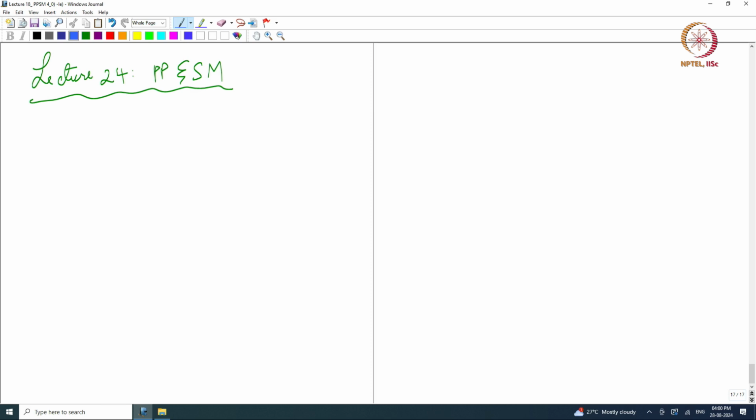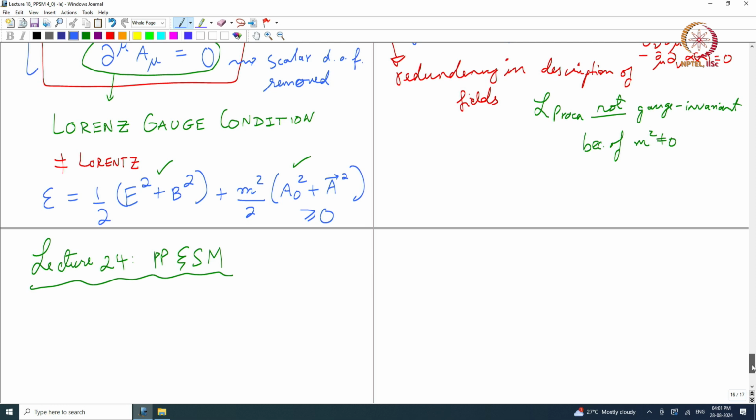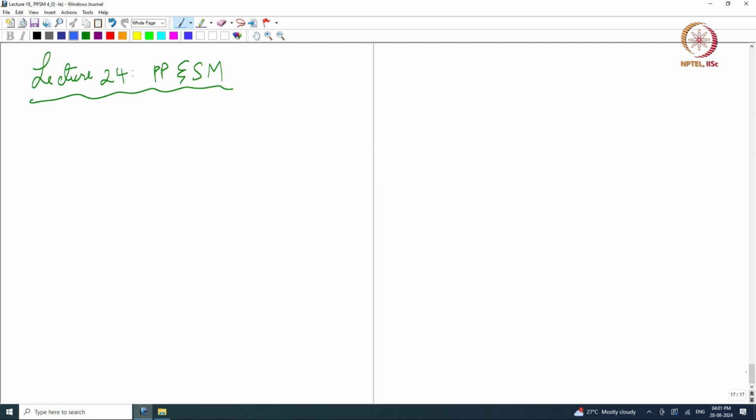Now, it is instructive to write down how the solution looks for this equation of motion, the Proca equation of motion. Okay. So, how would it look? Once again we make a mode expansion. Remember we did this for the Klein-Gordon field, that is what we are going to do here also. Okay.